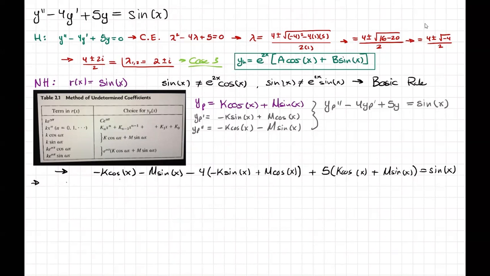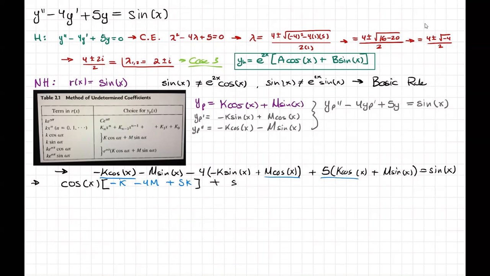We have our cosines of x, so let's see what terms have a cosine. Terms with a cosine: we have here negative k, we have here negative 4m, and then we also have plus 5k, and that seems to be all the cosine terms.